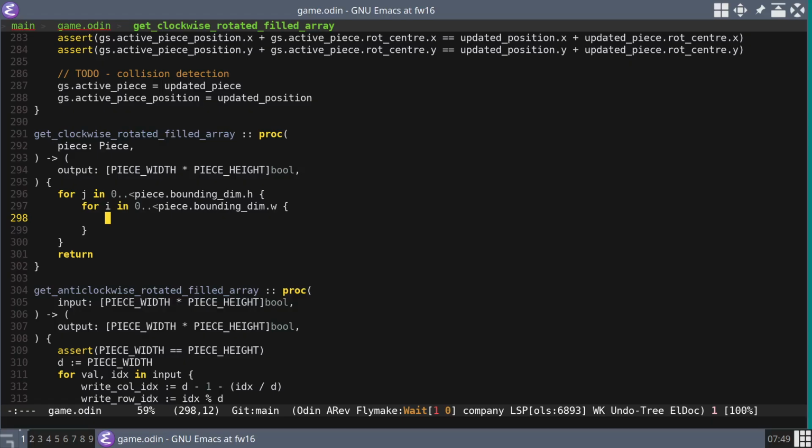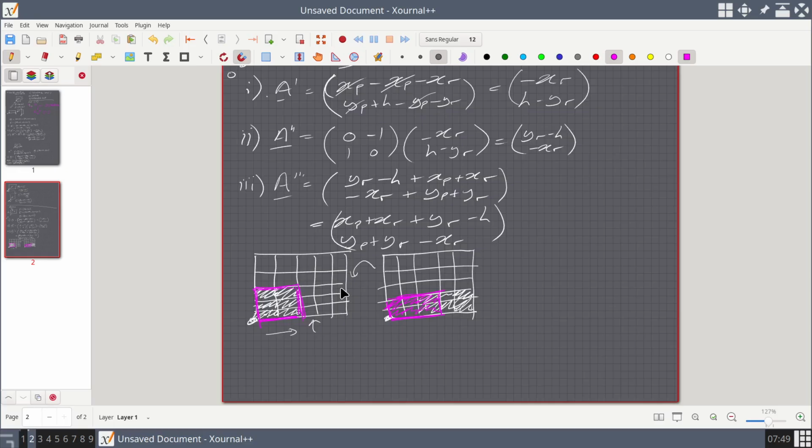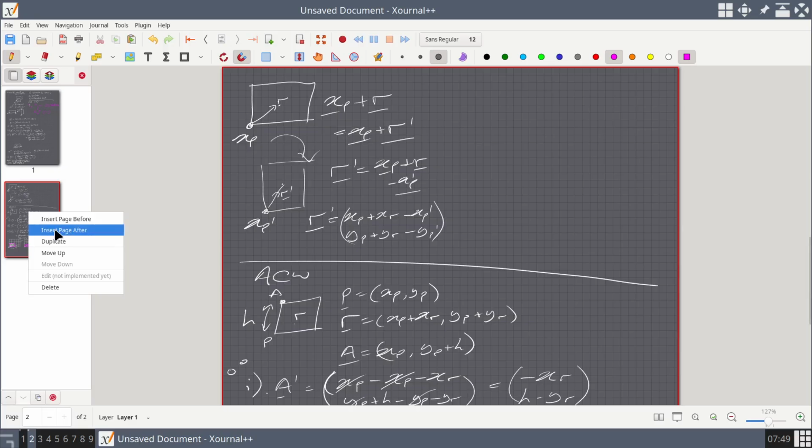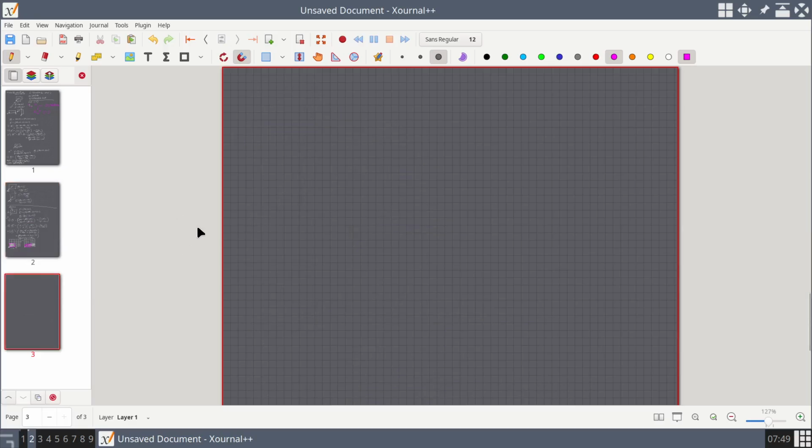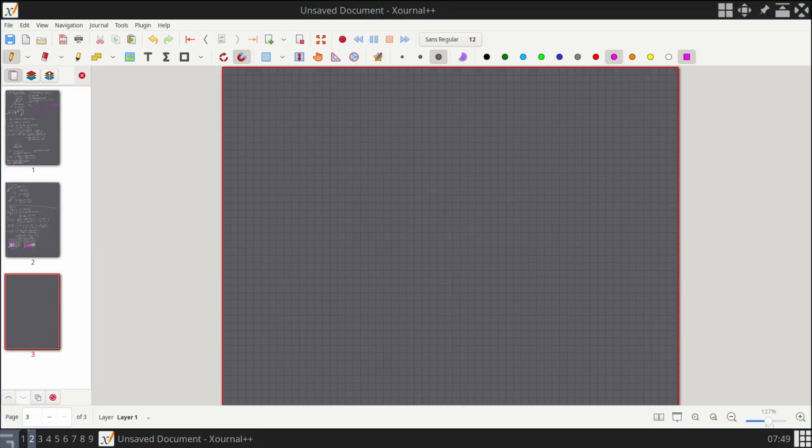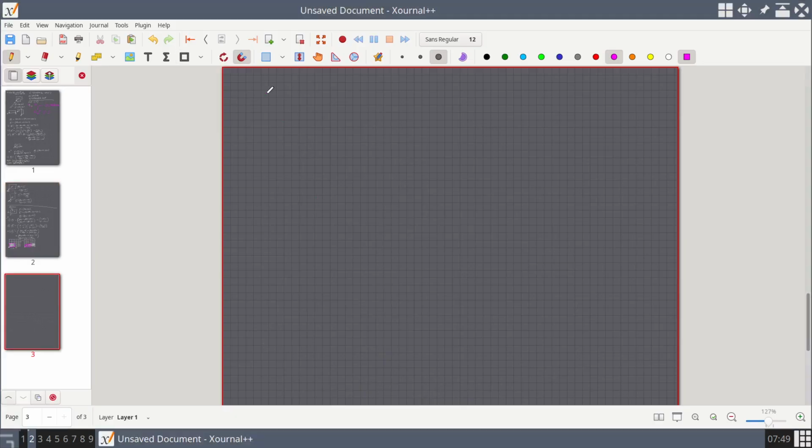So our bounding dims are guaranteed to be strictly less than piece width and piece height. Which one of these? We go clockwise. So yeah, this is that same kind of thinking we had before, right? About how if I've got inputs, but it looks different now because I've got, let's go, insert another page. So let's have a think.